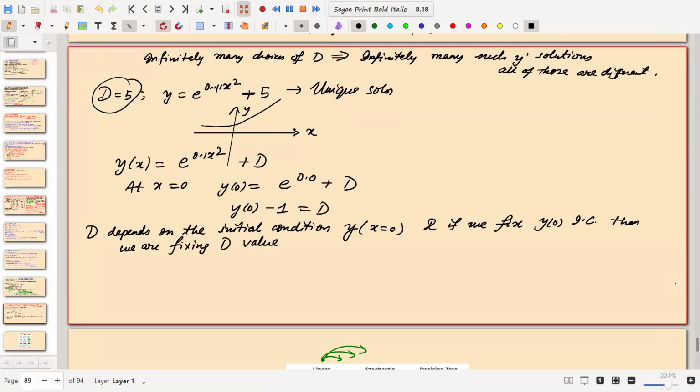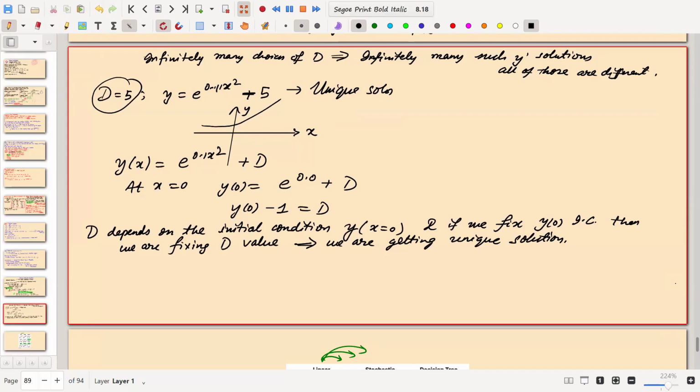And if we are fixing the d value, we are getting a unique solution. Is that clear? So if you fix your initial condition, you are getting a unique solution. If you don't fix your initial condition, you are not getting a unique solution.